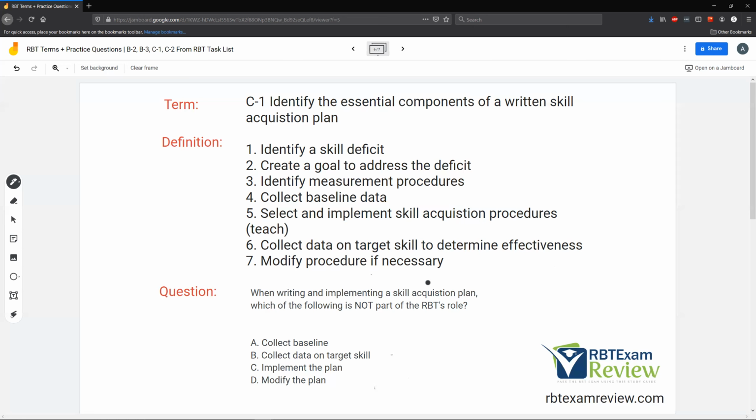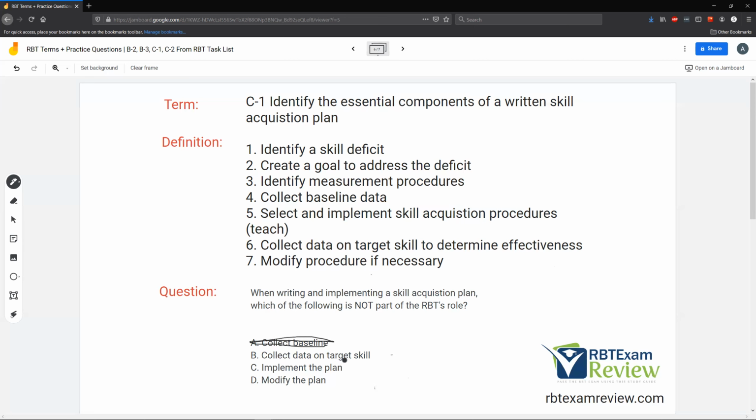So question, when writing and implementing a skill acquisition plan, which of the following is not part of the RBT's role? So you have several different roles in the skill acquisition plan. Will you collect baseline data? Yes, you will be asked to collect data on baseline. Will you collect data on the skill? Yes, of course.